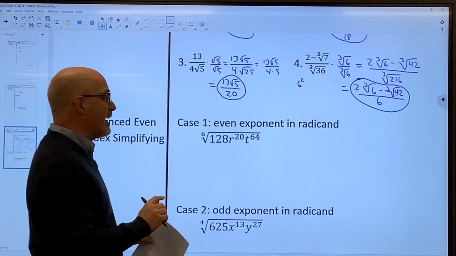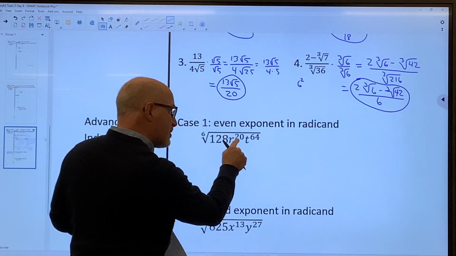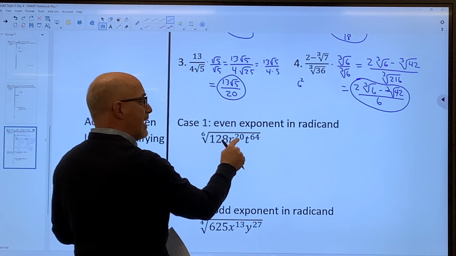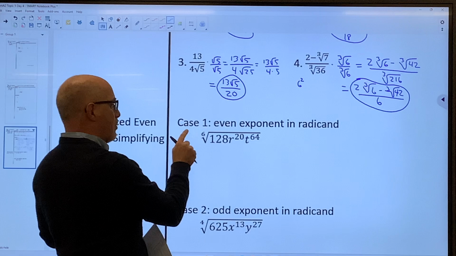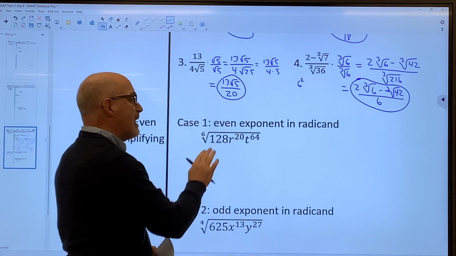The big idea here is that when you have an even index in the radicand, so these guys here, even exponent in the radicand, so even index is what we're starting with, and then the exponents are even.